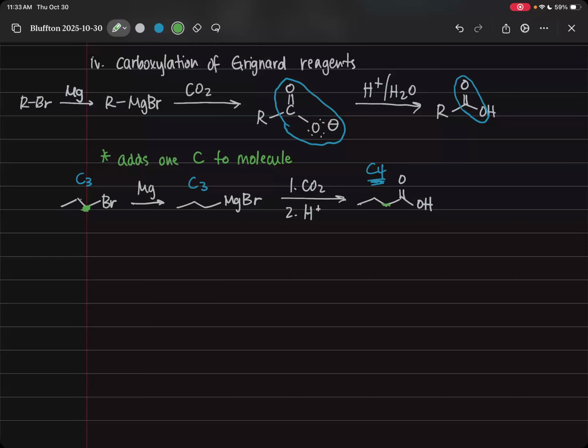It's that one right there. So that might seem kind of obvious, but when you're rushing to do a synthesis problem, just have to keep in mind that you're always adding 1 carbon atom. When we do nitrile chemistry, probably next time, we're also going to see that those types of reactions can be used to increase the carbon chain by 1 as well.